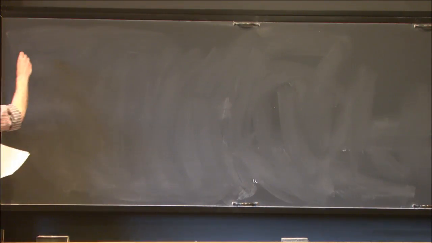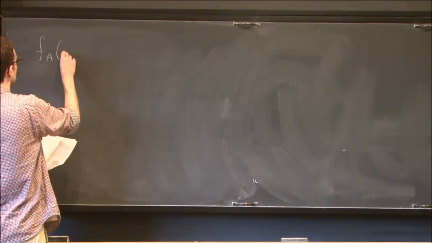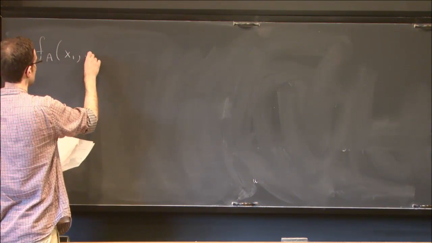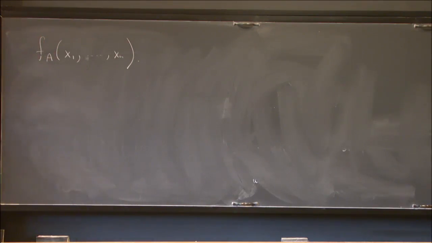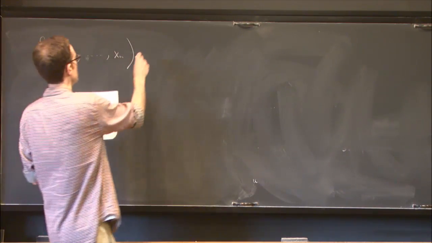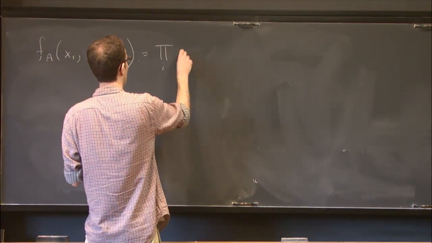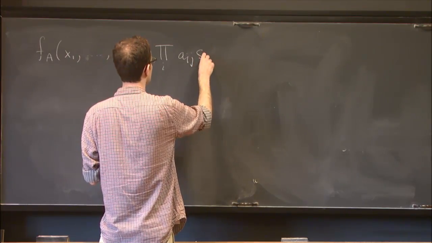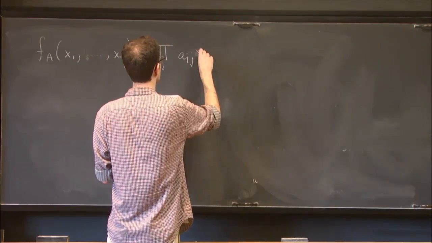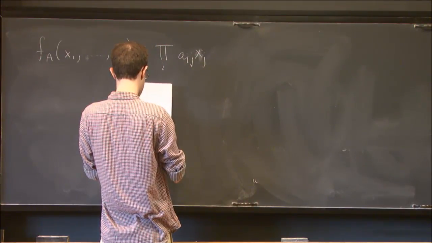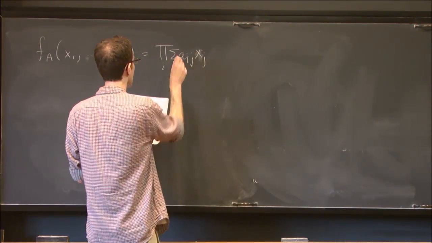Okay, so let me prove that this is true. So let me look at fA of x1. The infimum, I mean the minimum, will equal 1. So this is the product over i of the sum over j of aij xj.